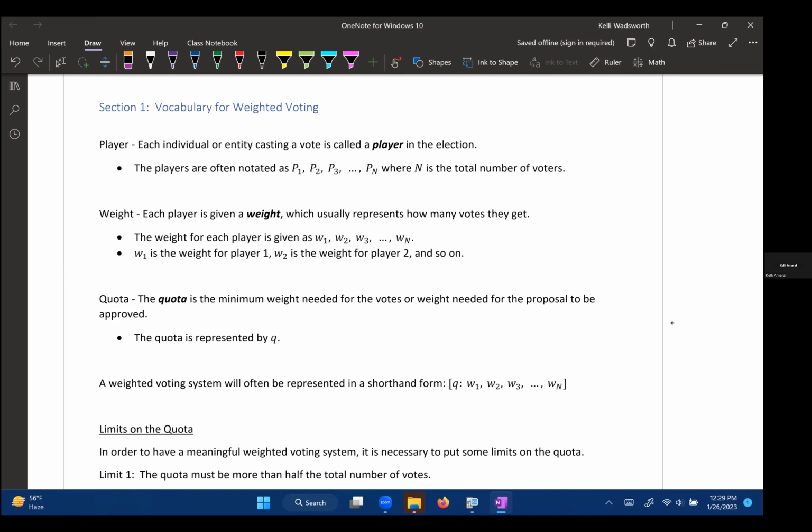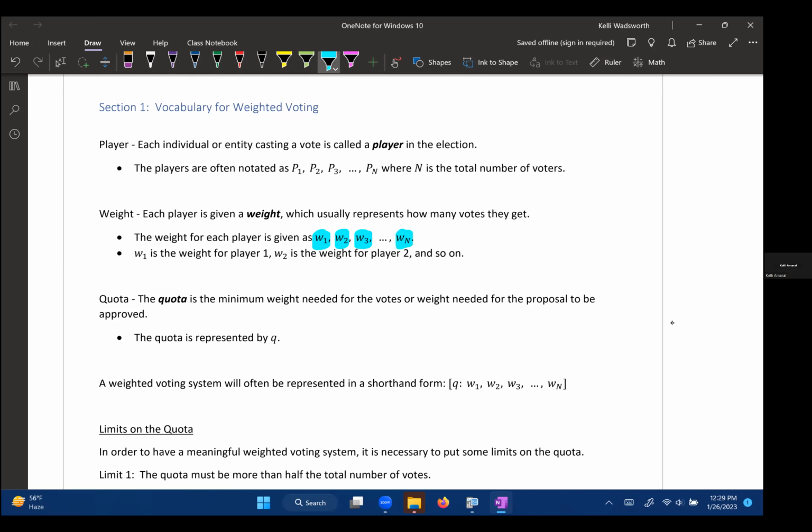Then each player is given a weight. That's how much weight their vote gets. We call the weights W's. So W1 is the weight for player 1, W2 is the weight for player 2, W3 is the weight for player 3, and so on, or Wn is the weight for player n.